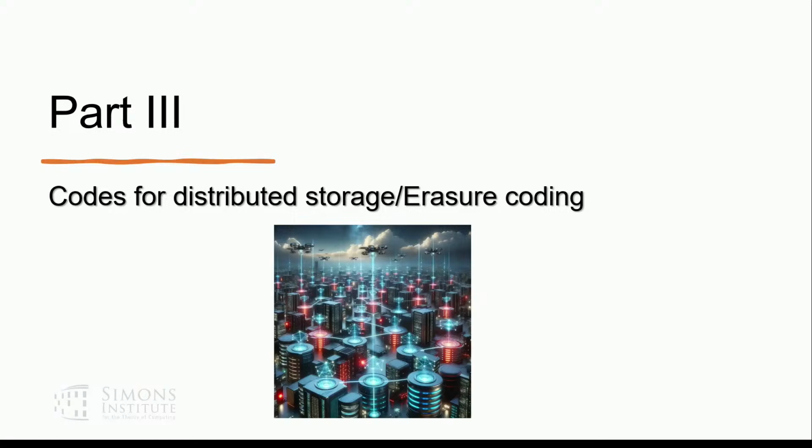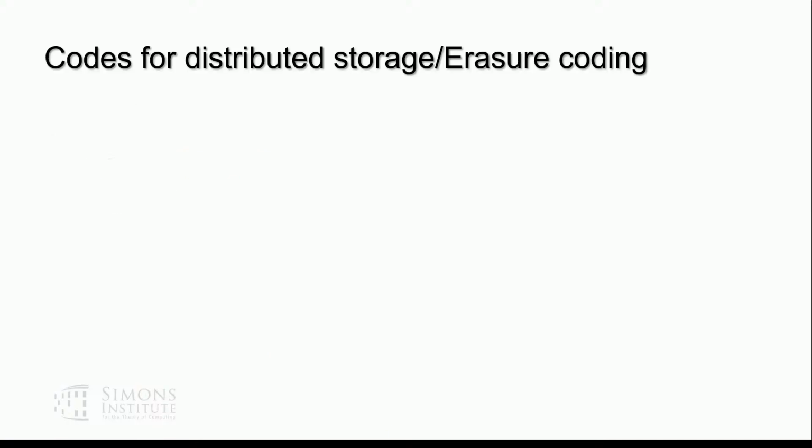And this dramatic picture is courtesy of Mahdi, and it's apparently ChatGPT generated. When you ask it for distributed storage, it's supposed to show a better one. So what are those things?